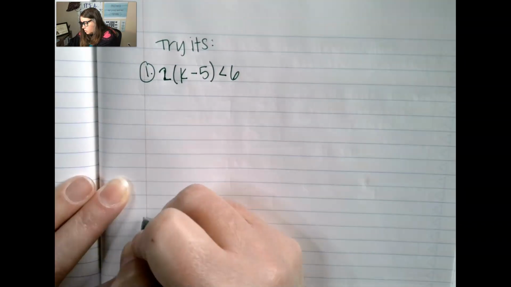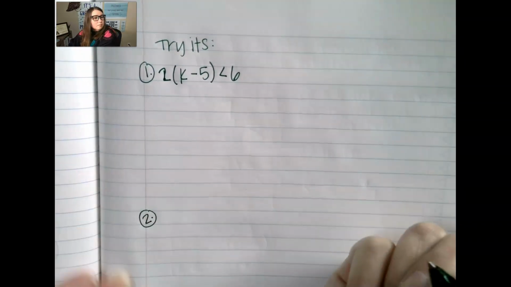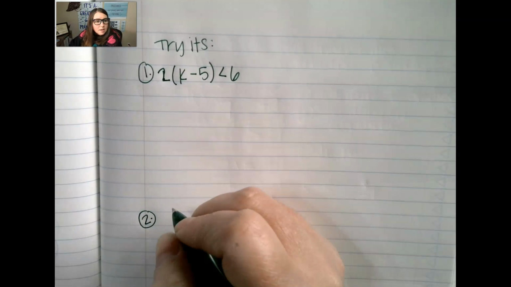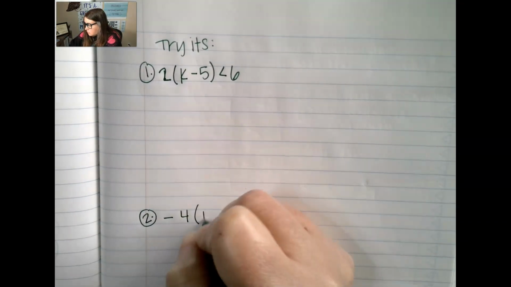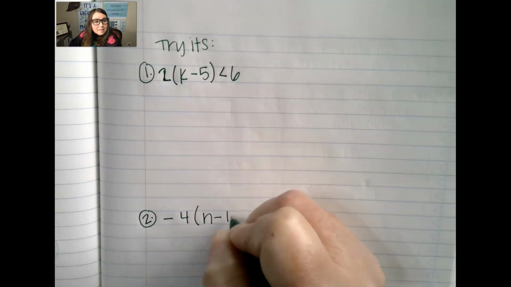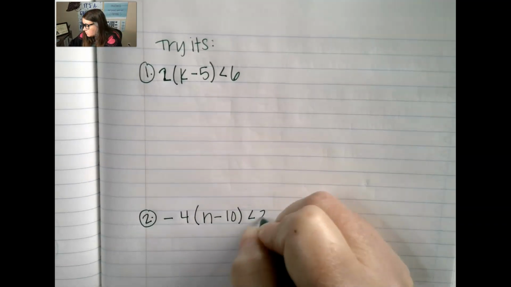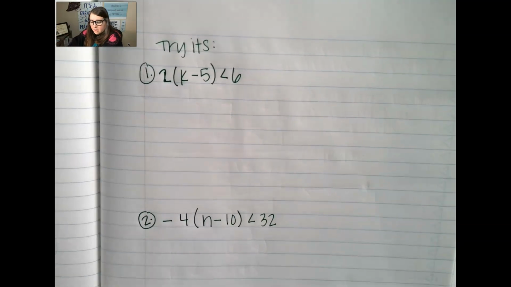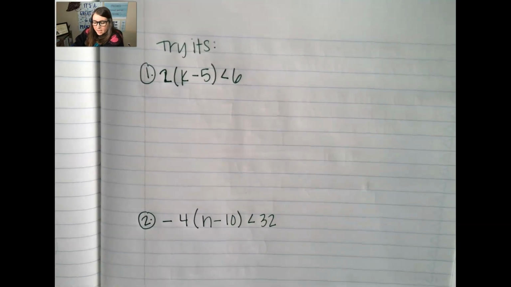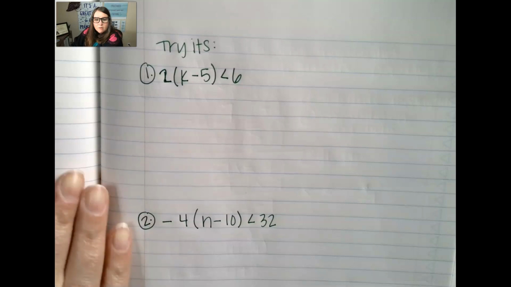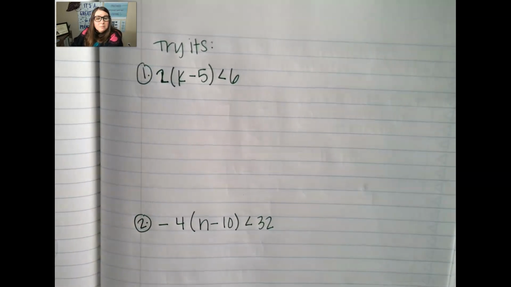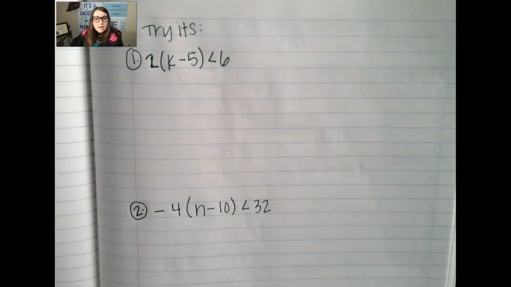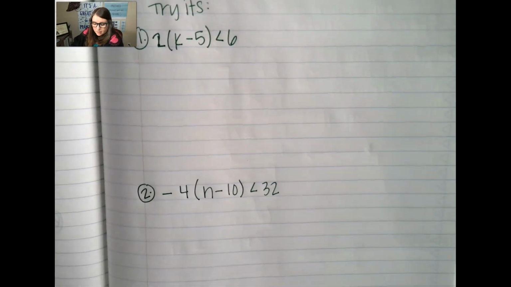And then try it number 2 says that we have -4 groups of n minus 10, which is less than 32. Okay, when you are ready, go ahead and hit pause once you have this written out. Make sure that you hit pause so you don't hear me solving these problems. When you're ready, come on back and check your level of understanding.